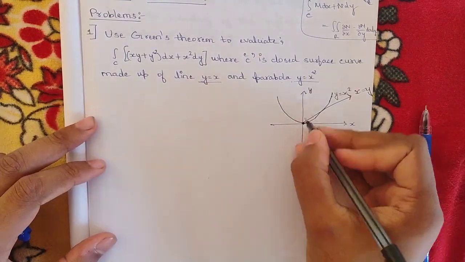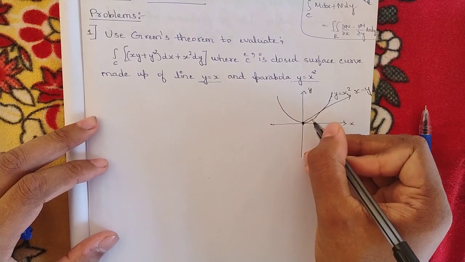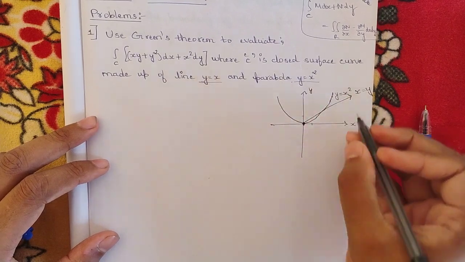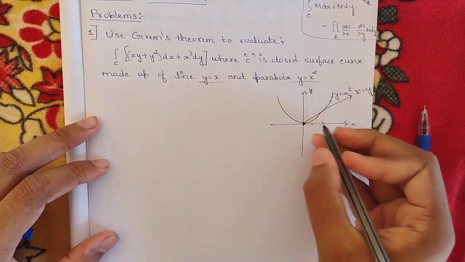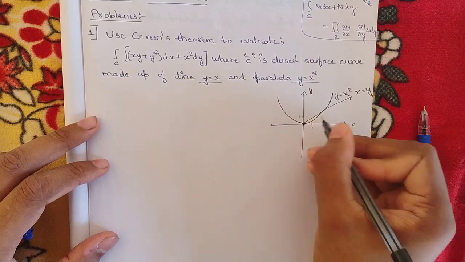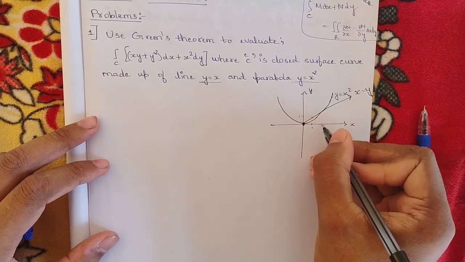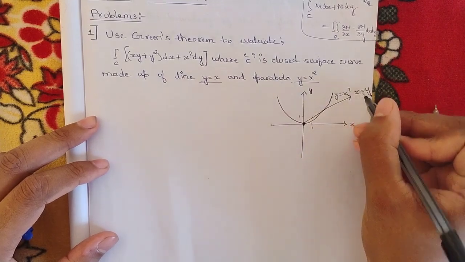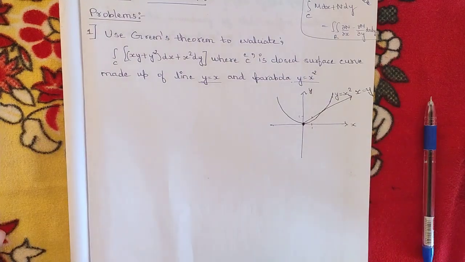That is 0 0, here 1 1, 2 2, 3 3, 4 4, and so on. The values of x and y are equal. If x is 1 here, y also should be 1, so this would be intersecting here. If x is 2, y is also 2, it would be intersecting here, and we would be forming one slope. So this is the line of x equal to y.